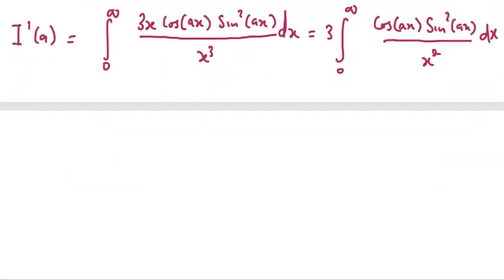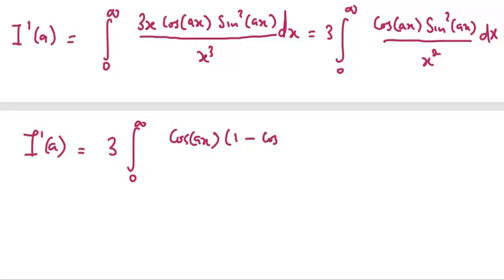Okay, so from here we need to make some nice simplifications at the numerator. We're going to use the idea that sine squared of ax will be equal to 1 minus cosine squared of ax. So therefore our I prime of a is going to be equal to 3 times the integral from 0 to infinity of cosine of ax times (1 minus cosine squared of ax), divided by x to the power of 2 and then dx.